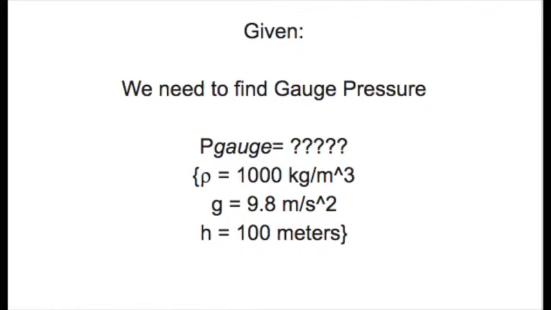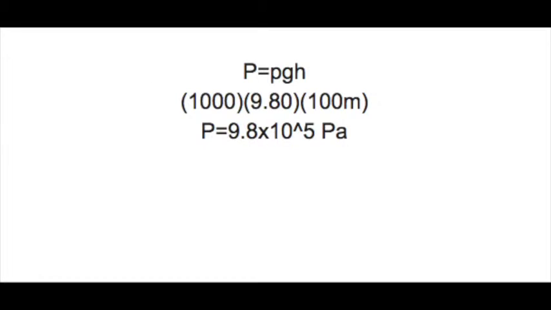Our rho is 1,000 kilograms per meter cubed, our gravity is 9.8 meters per second squared, and our height is 100 meters. Knowing that information, we would use the equation gauge pressure equals rho times gravity times height, which is 1,000 times 9.8 times 100. The answer would be that the gauge pressure equals 9.8 times 10 to the 5th power pascals.